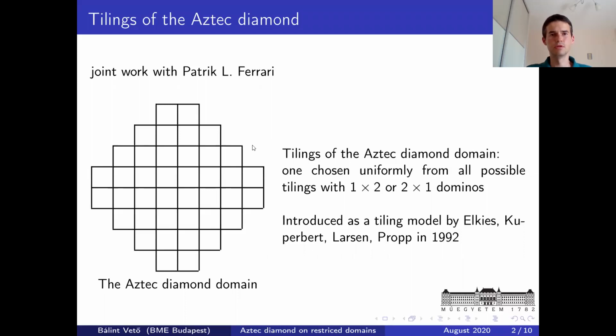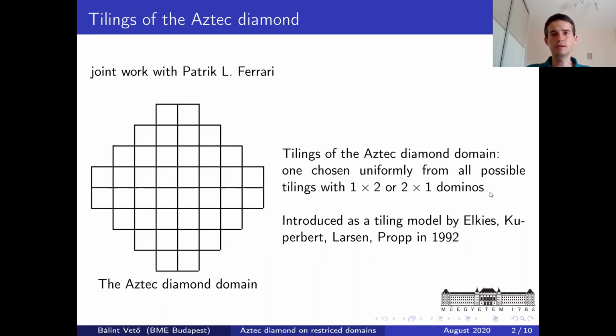And the task is to tile this domain with dominoes of size 2 that are either horizontal, so these are the 1 by 2 dominoes, or vertical, which are the 2 by 1 dominoes.